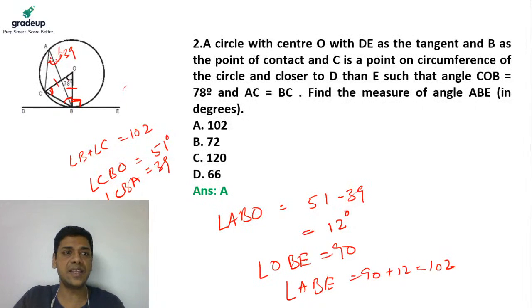So if this is 39, and the question already tells me that AC equal to BC, this angle is also going to be 39. Yes, Harish?